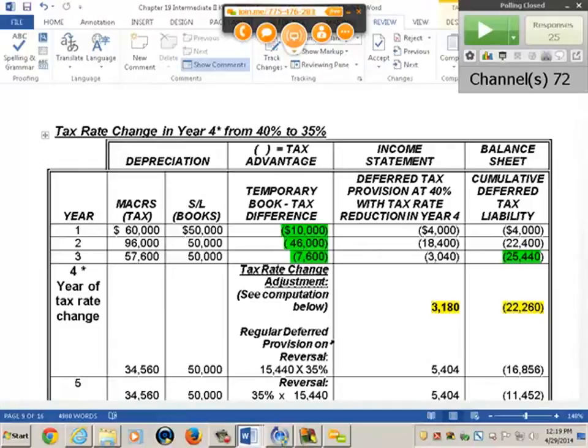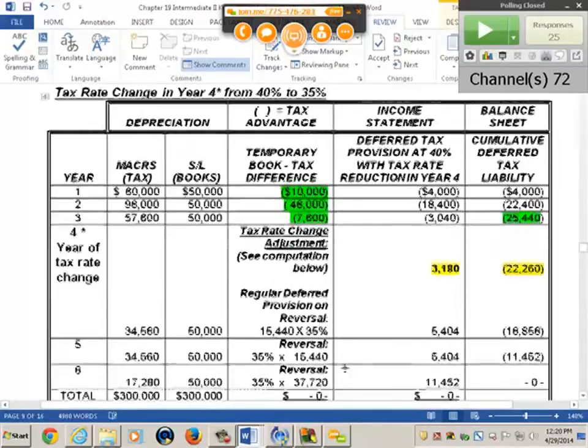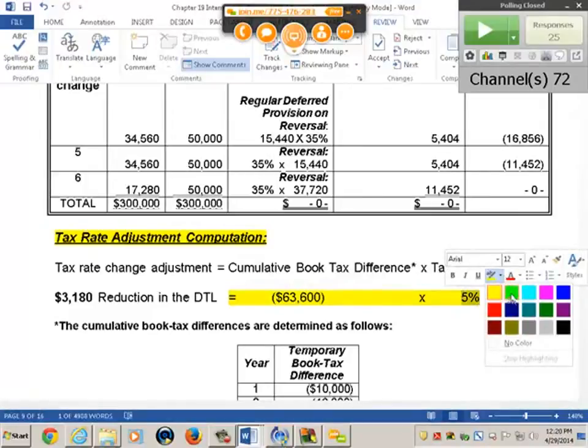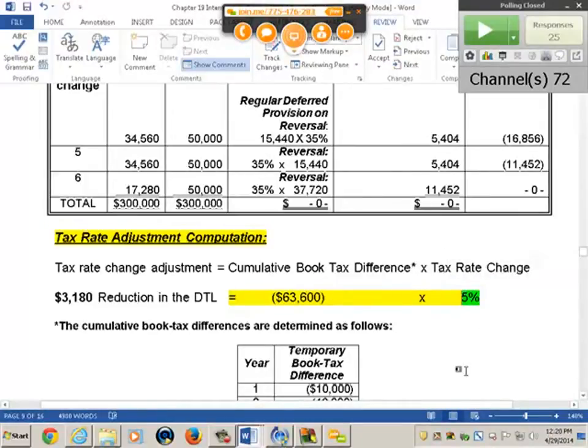Now, you can do it a couple of ways. I happen to like this way because it shows you how the liability was created and what it should be. The shortcut that you can use, let me just scroll down for a minute. Shortcut is right here. Just take the cumulative book tax difference times the difference in the tax rate of 5%.